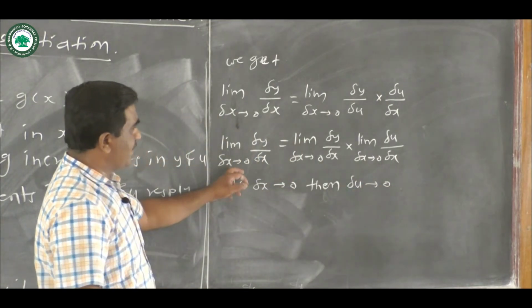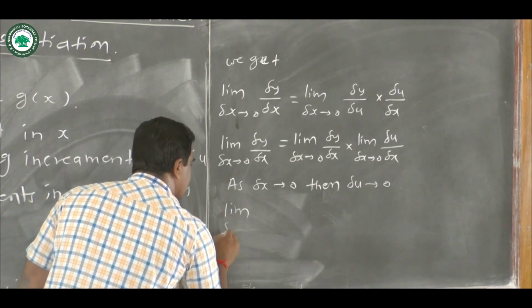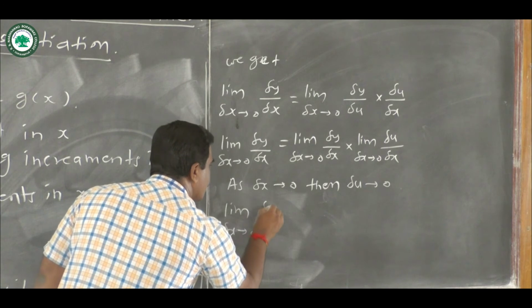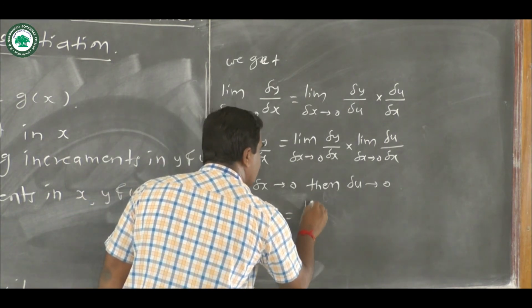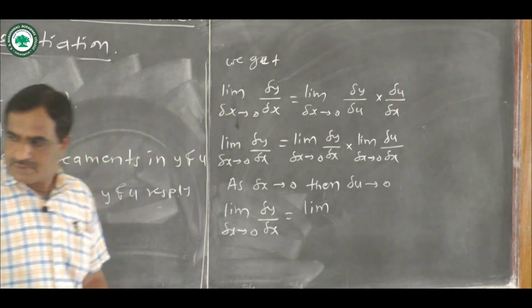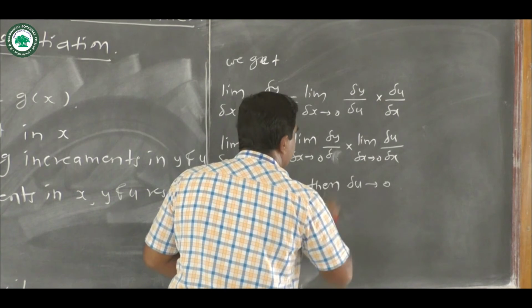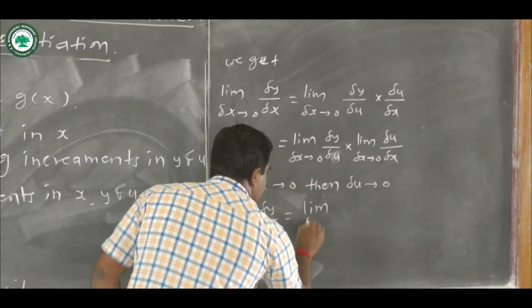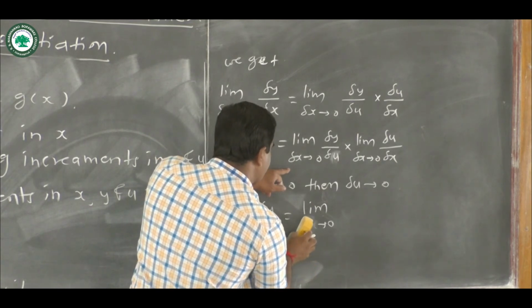Now this equation becomes limit delta x tends to 0, delta y by delta x is equal to limit delta x tends to 0, now here we write delta u instead of delta x.